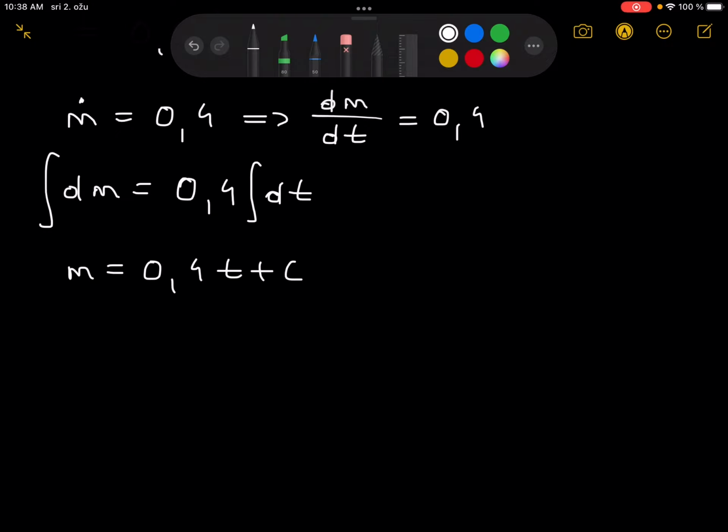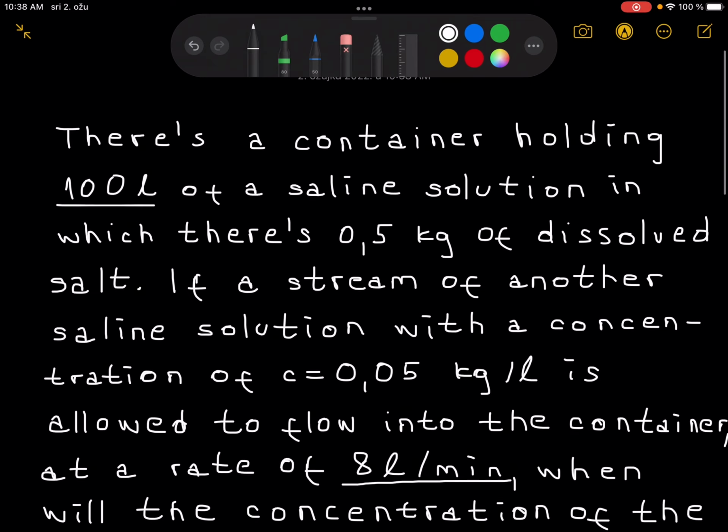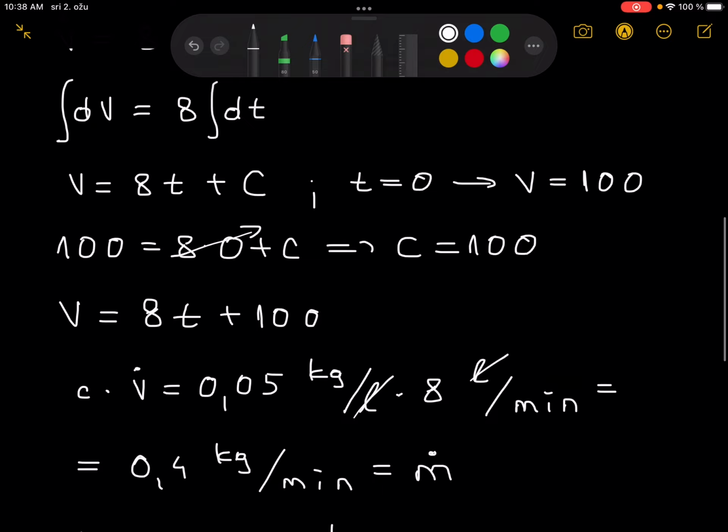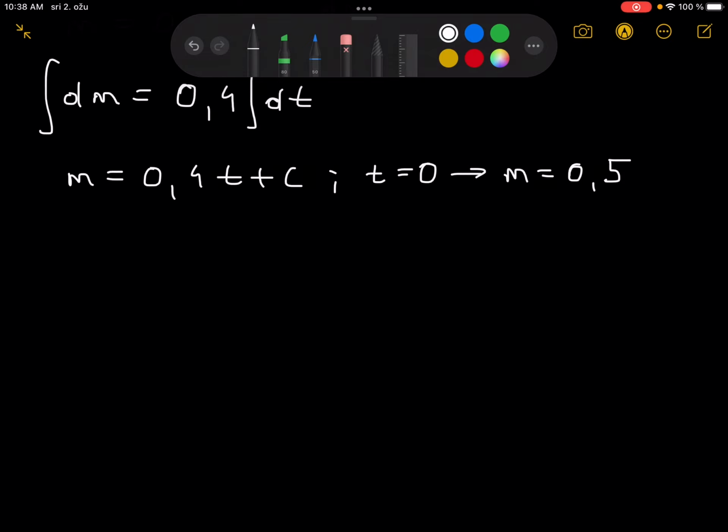Now again, let's solve this by using the initial conditions. It says that initially the saline solution contains 0.5 kilograms of salt. So that means that when t is equal to 0, the mass is equal to 0.5 kilograms. Once we plug in this initial condition into our equation, we get that 0.5 is equal to 0.4 times 0 plus c, and this of course is 0.